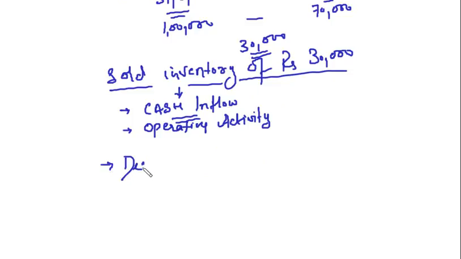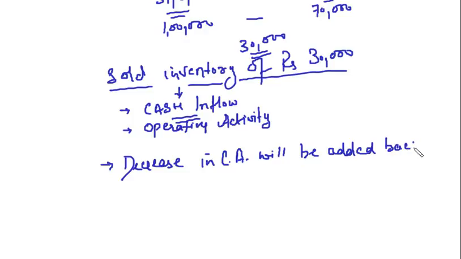So I can say a decrease in current asset will be added back to net profits. Why is it added? Because it involves cash inflow. This is increasing our cash. Therefore, we will add back any decrease in current assets.